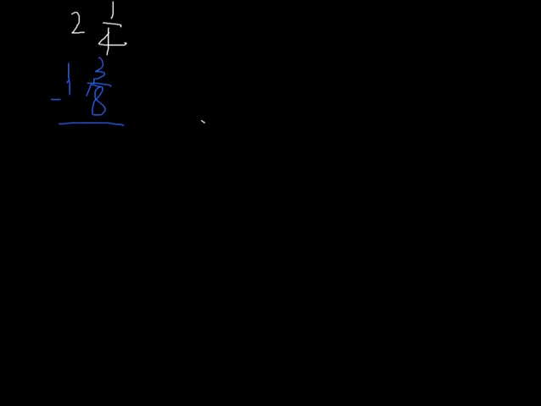First, you have to find a common denominator, which in this case is 8. So the 4 has to go to an 8, so you multiply that by 2. So our fraction there is going to be 2/8.